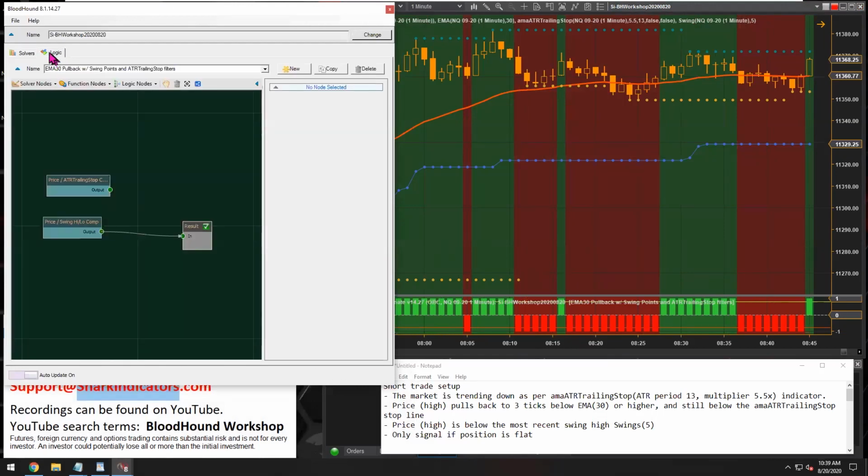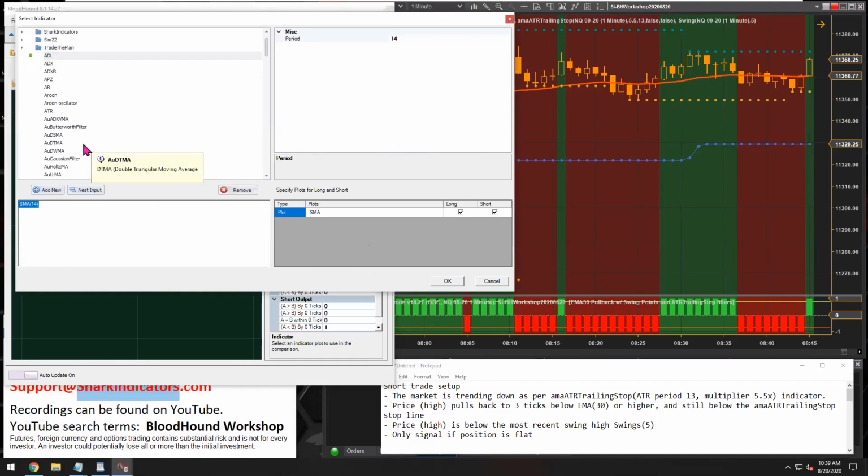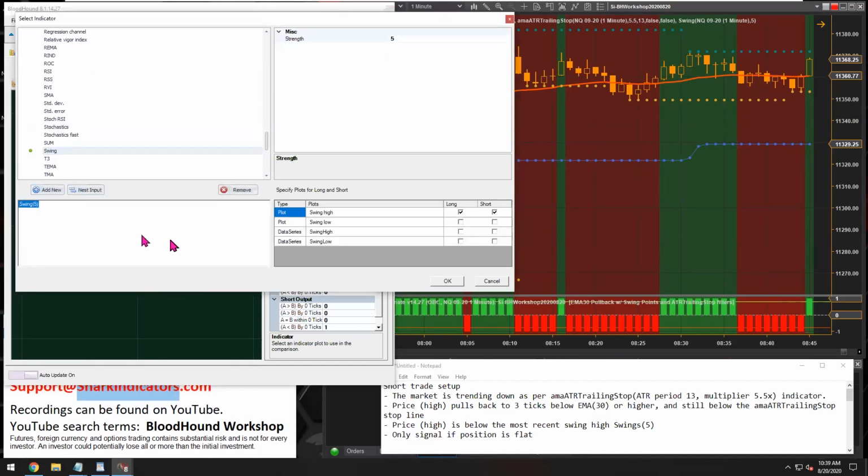All right, so now that I've gotten the correct indicator here, let's get BloodHound back open. Go back to our logic tab and click on our solver and go into input B, and we're going to use the NinjaTrader swing indicator. All right, there we go. Strength of 5. And so now we need to figure out what plots we need to use. So we need price to be below the most recent swing high.